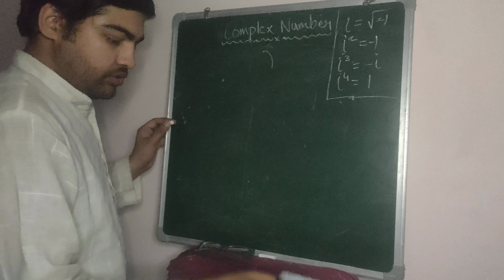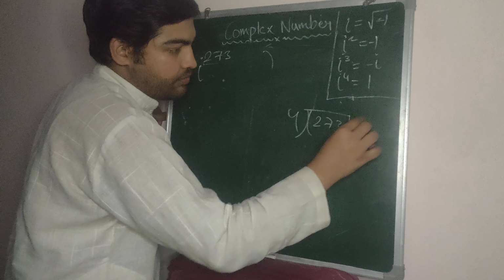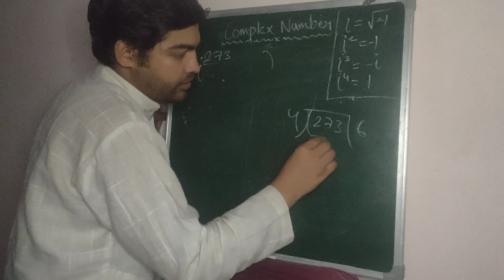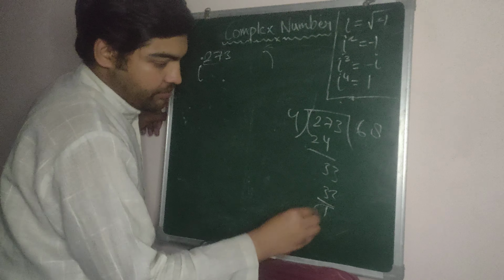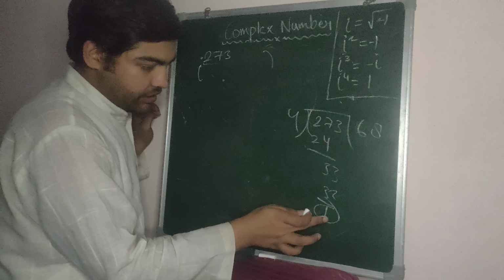So we can convert it into i to the power 4. Okay, so 273, we need to divide 273 by 4 by the long division method. 4 sixes are 24, then 3 and 3 is 33, 4 eights are 32, 1 is the remainder. Okay, we need to consider the remainder as well.